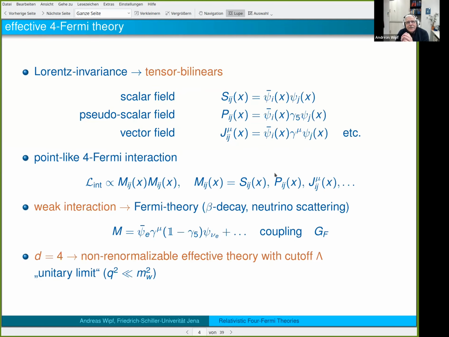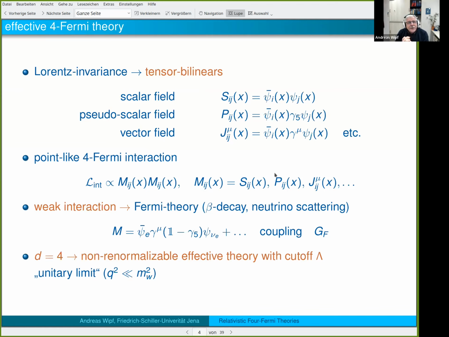You may change the point of view, so to say, and say, well, let's describe the weak interaction, and later on I will talk about the strong interaction, by an effective low energy theory. Then you just write down all operators which are compatible with your symmetries, and of course, counting the dimensions.